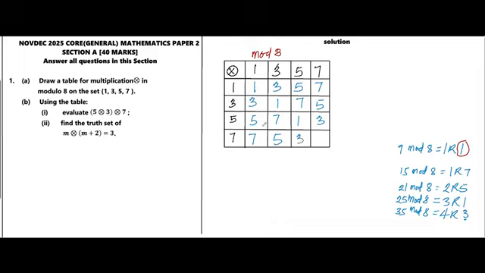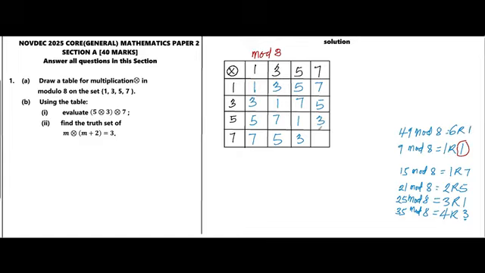And then lastly, 7 times 7 is 49. So 49 in mod 8: how many times does 8 go into 49? 6 times. 8 times 6 is 48, and 49 minus 48 is 1.